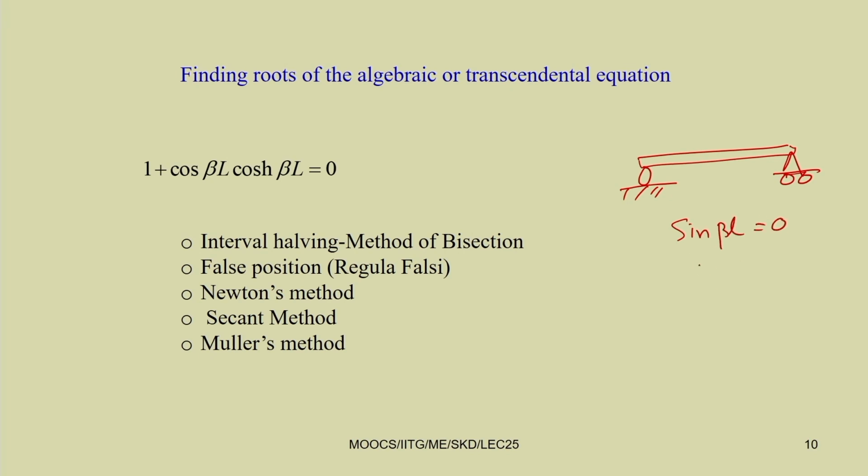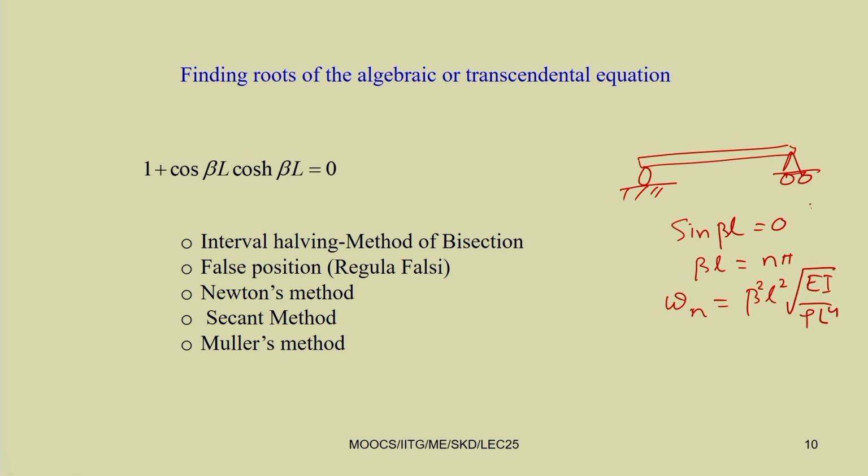To solve this we can easily write beta L equal to n pi, where the natural frequency omega n is written as beta square L square root over E I by rho L fourth.